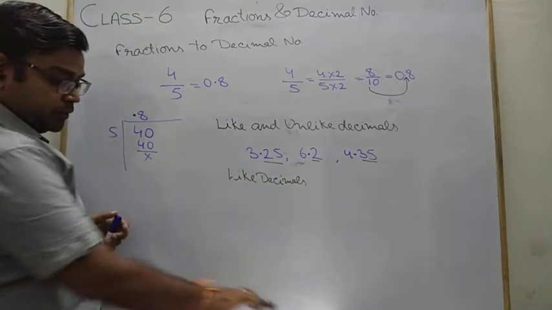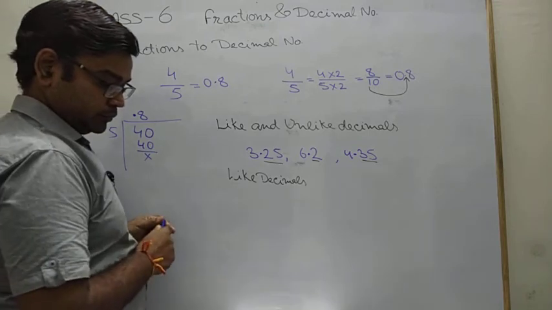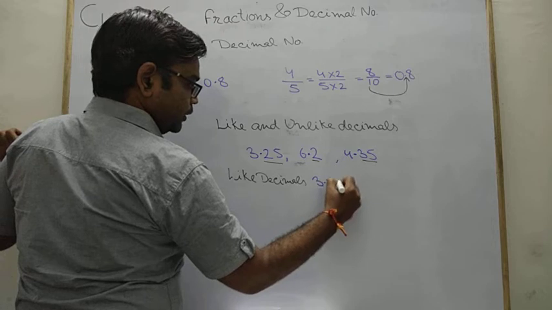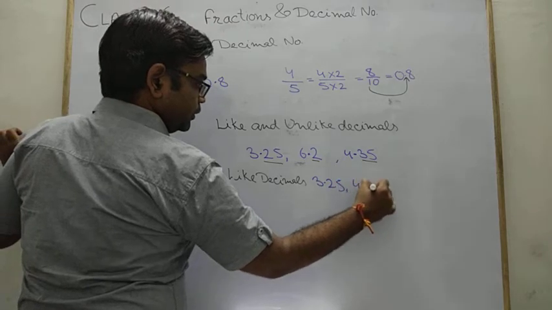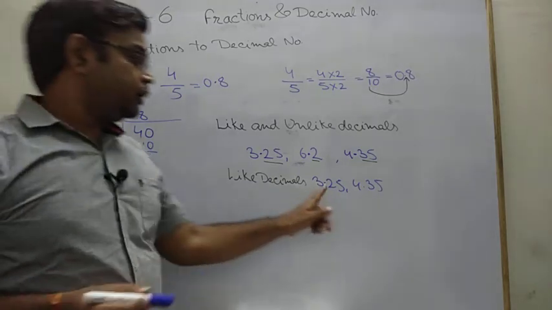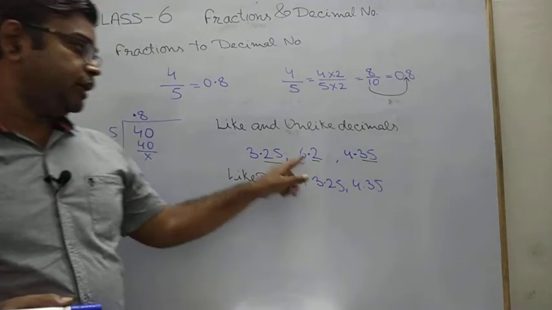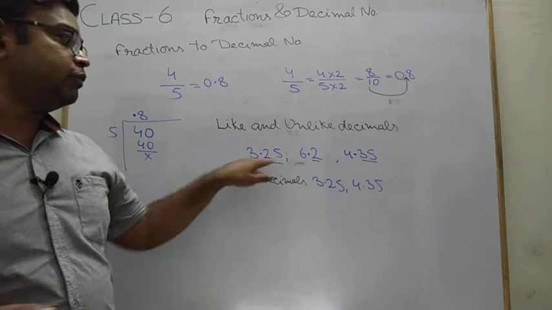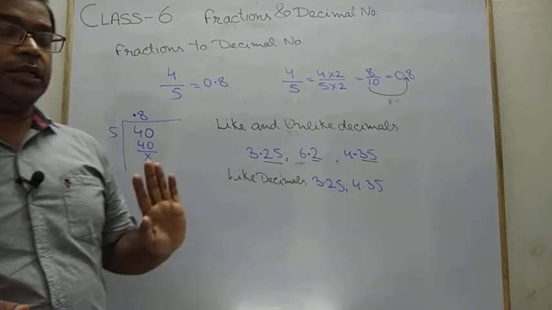Like decimals means what? 3.25 and 4.35 are like decimals because they have two digits after the decimal, and 6.2 is unlike from these two. So it's clear.